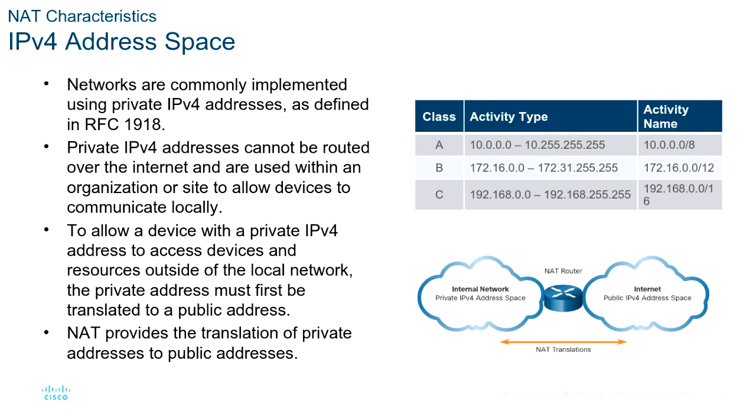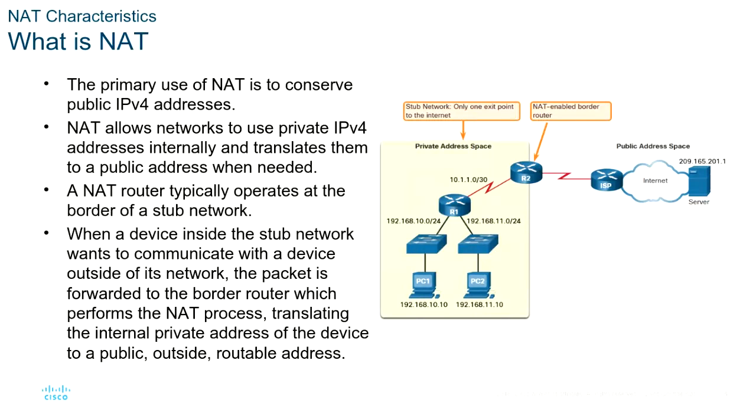So we have to use network address translation to change these private addresses to public addresses so that they exist on the internet. And then when you log onto a web server on the internet, when that packet arrives back at your home network or your business network, we need to retranslate that public address to your private inside address so you will be able to see it and it'll go through your interior devices.